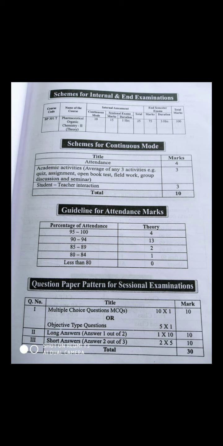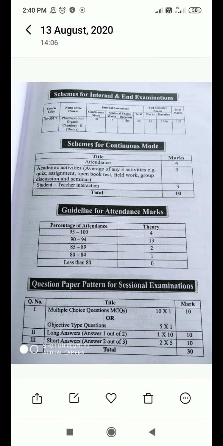Then you see internal assessment, continuous mode. Continuous mode will be 10 marks. Then sessional exams are 15 marks, so continuous mode 10 plus sessional exams 15 gives 25, and 75 marks for your end semester exam, so it becomes 100.